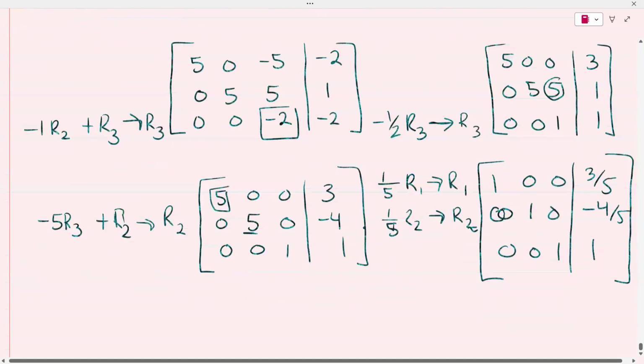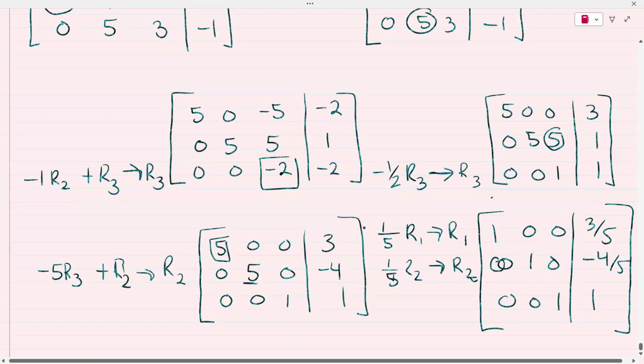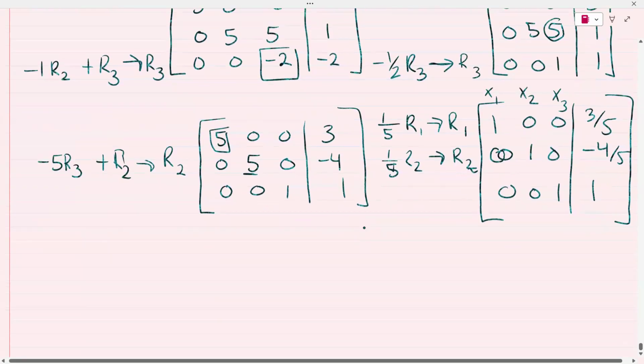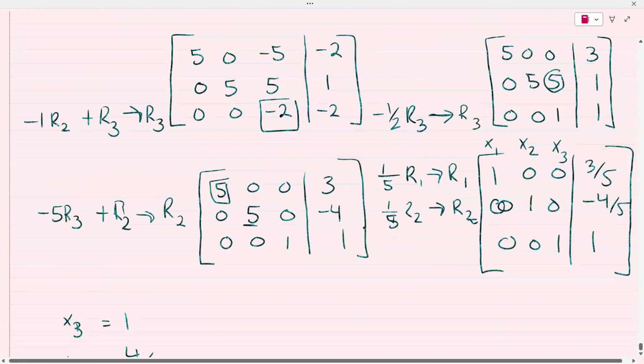Okay, so now this is column x1, this is column x2, and this is column x3. So now it is possible, it is consistent. So you could say x3 equals 1, and then x2 equals -4/5, and then x1 is 3/5.